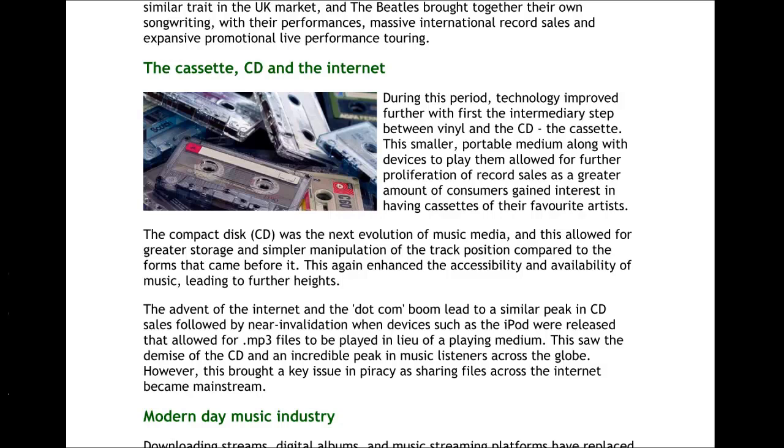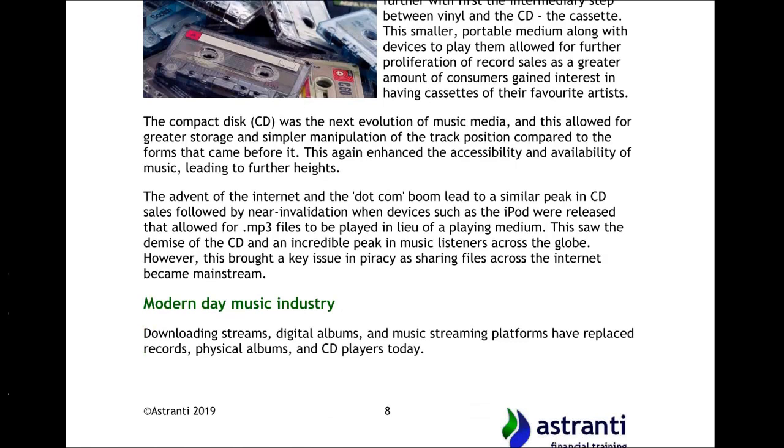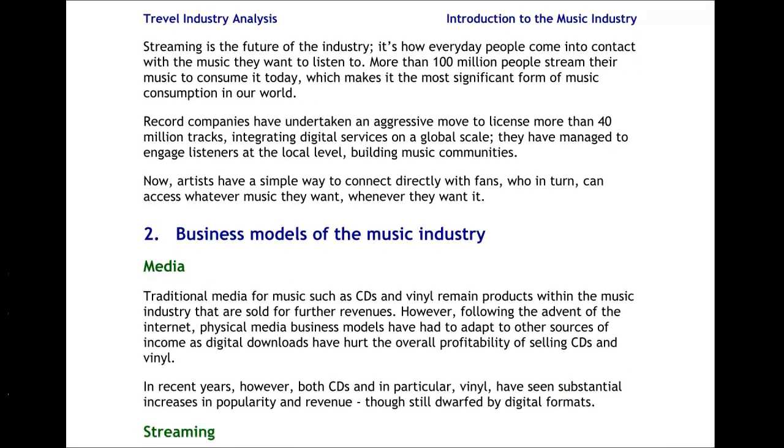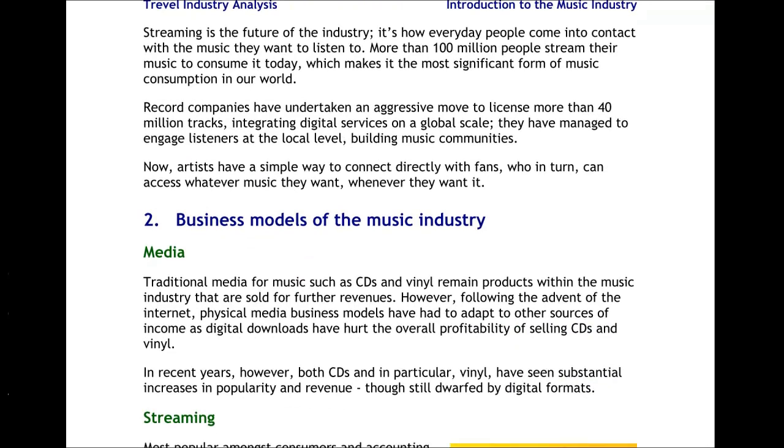By contrast, streaming and the proliferation of streaming has allowed for this piracy issue to become less important because there's less need. If you take away the need to essentially steal, then you don't really have it going on. And one of the things that streaming does is that it's widely accessible. It is a relatively affordable fee per month for the majority of people, and it allows people to go about listening to all their favorite music in one place.